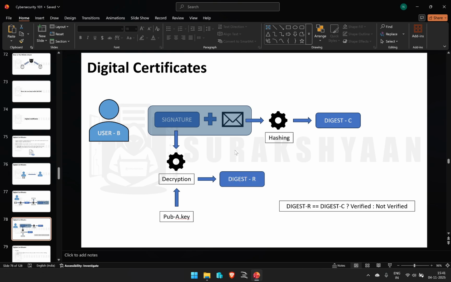So Digest R stands for received digest. Now user B recalculates the digest on his side by simply taking that plain text message and passing it through the same hashing algorithm, and this hashing algorithm generates the digest. Digest C means calculated digest.